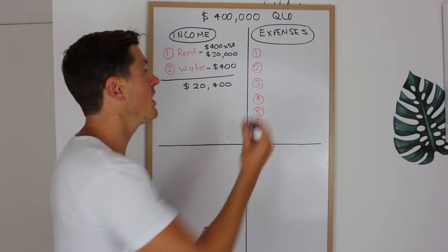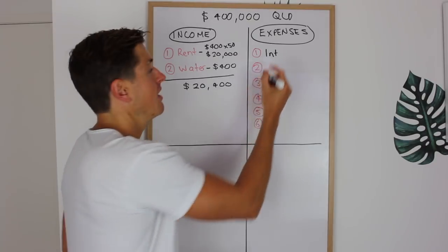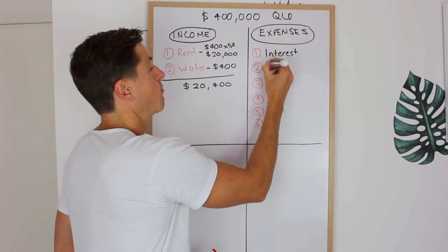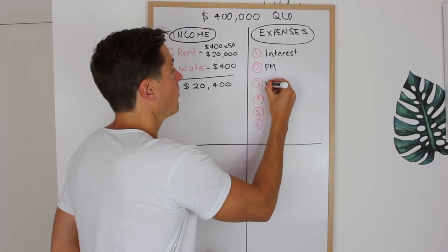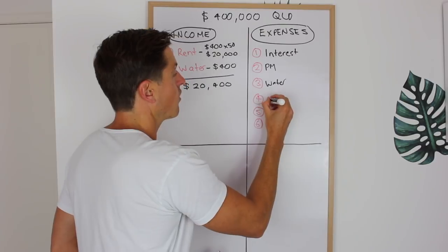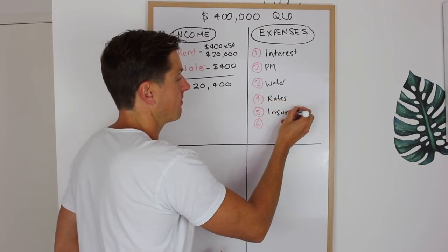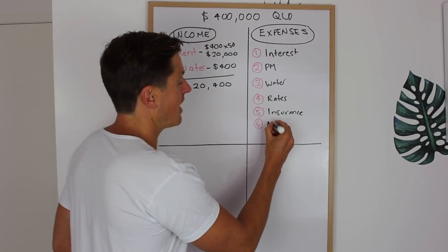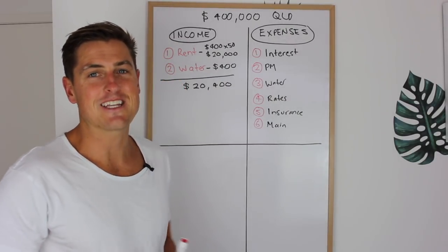Now these include interest, which is the most expensive cost associated with your property. Then we've got property management, PM. We've got water, we've got rates, we've got insurance, and then we've got maintenance as well, which is that last little one that unfortunately is a necessary evil if you've bought a property, as everybody knows.